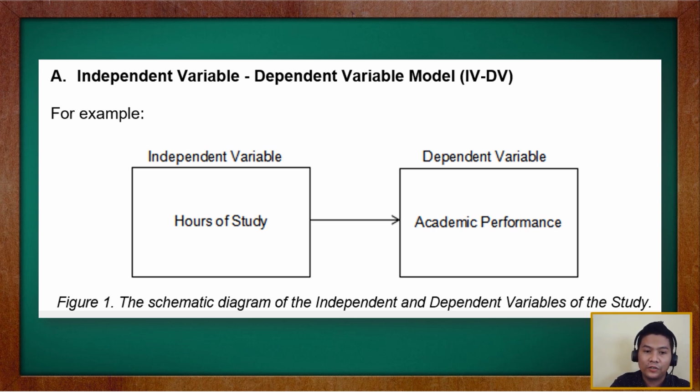Look at this picture. The independent variable is hours, the dependent variable is the academic performance. So if in this research paradigm you have an increased or a decreased number of hours of study, it directly affects the academic performance. So this is an independent variable, dependent variable model.